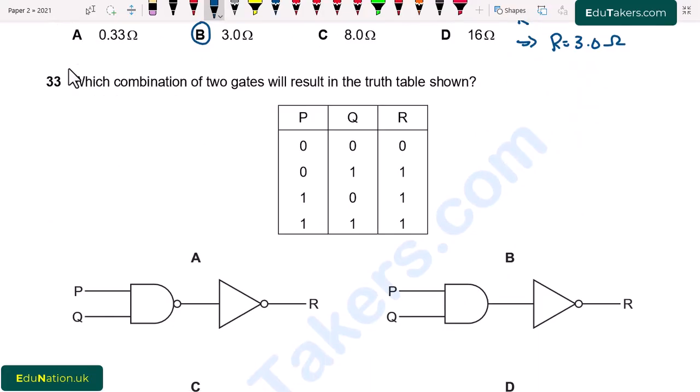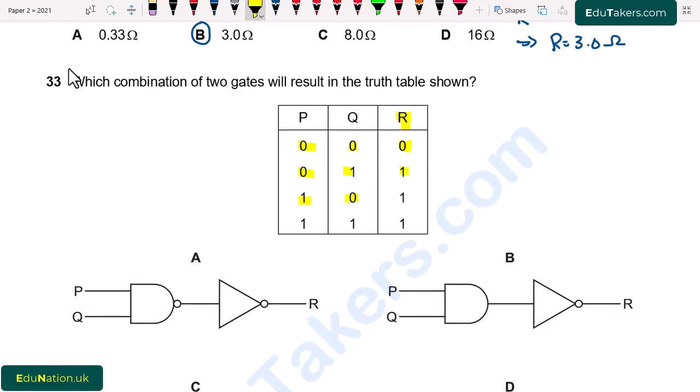Question number 33. Which combination of two gates will result in the truth table shown? So first of all, we can see here that this truth table is for which logic gate? P and Q are the inputs, while R is the output. When both of the inputs are 0, then the output is also 0.